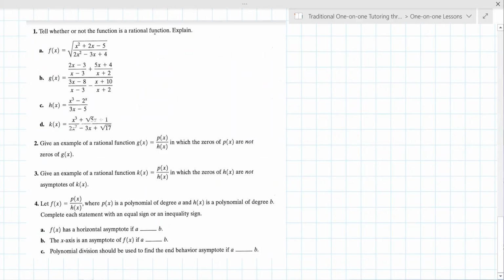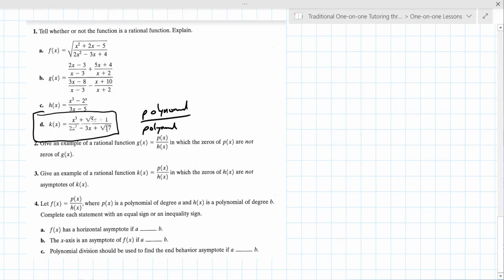Explain. Oh my gosh, these all require explanation. So the one that for sure is rational is this one down here. Even though it's got the roots, it's a polynomial over a polynomial. Notice that it's the square root of 5 times x, not the square root of x.